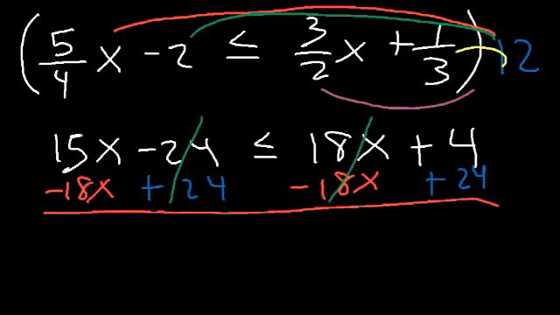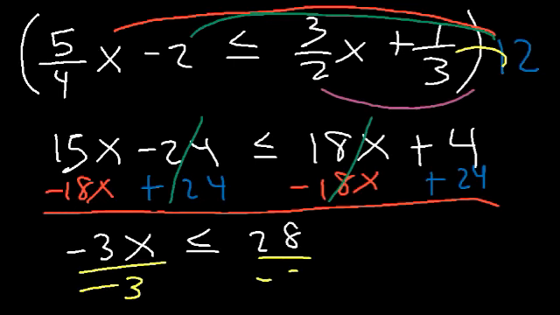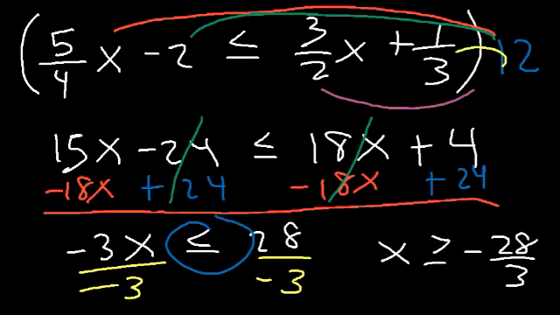So these will cancel. On the left, 15 minus 18, that's negative 3. And on the right side, 4 plus 24 is 28. So now we just got to divide both sides by negative 3, which will change the sign of the inequality. So our answer is x is greater than or equal to negative 28 over 3.